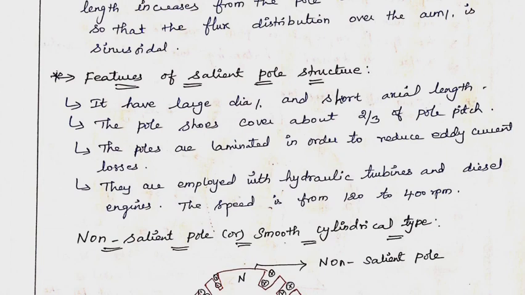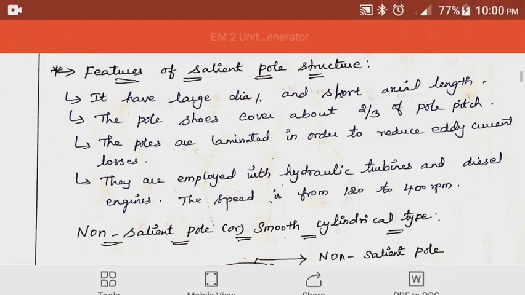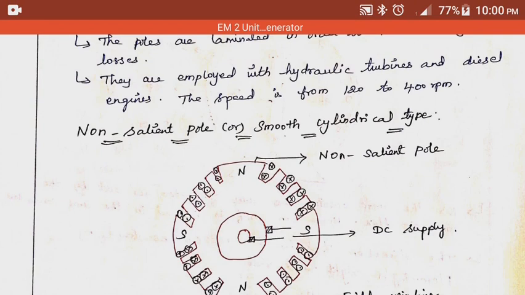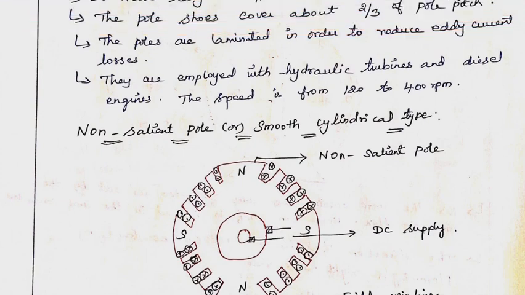The lamination is used to reduce eddy current losses, and it is applicable for hydraulic turbines and diesel engines, because the speed varies from 120 to 400 rpm. Salient poles are used for small and moderate speed alternators.